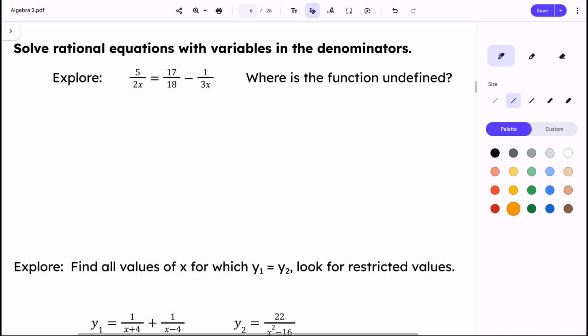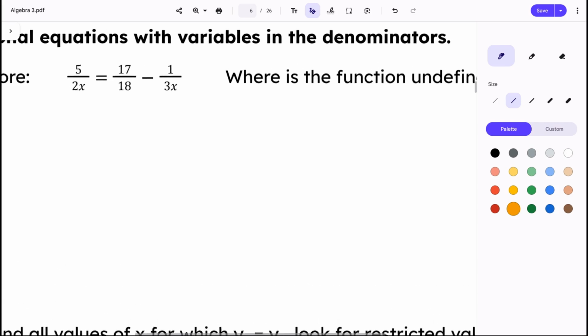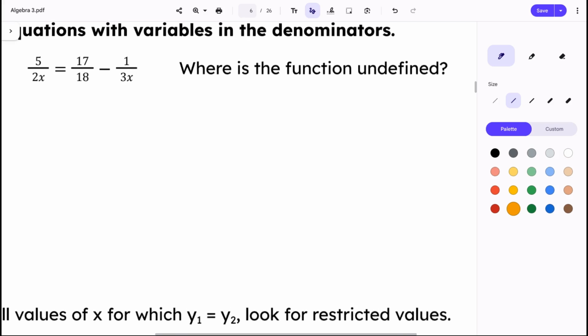So for this first one, let's just think about this question. Where's the function undefined? What number would you need to plug in for x to cause the denominators to zero out? Well, 2 times what would be 0? 0, right?